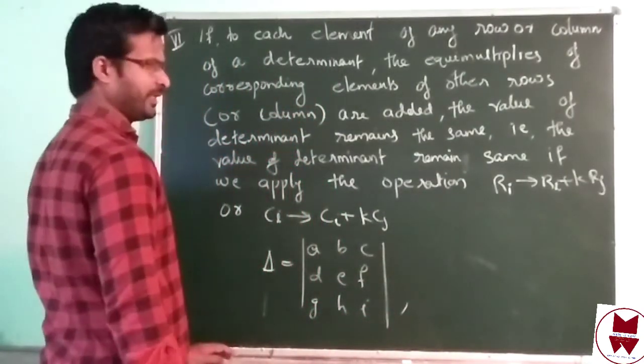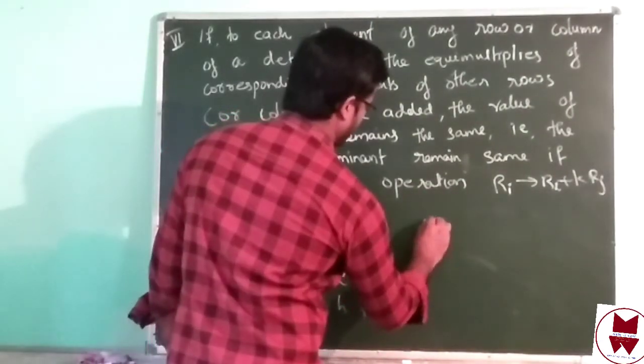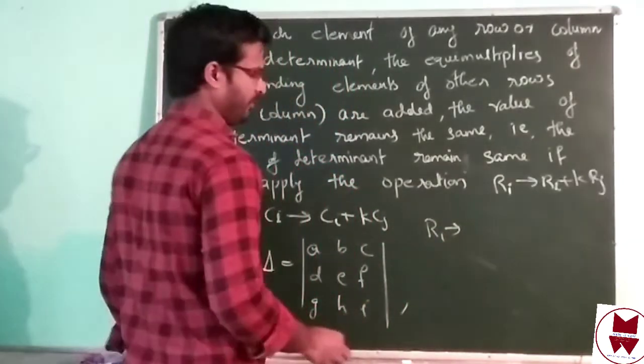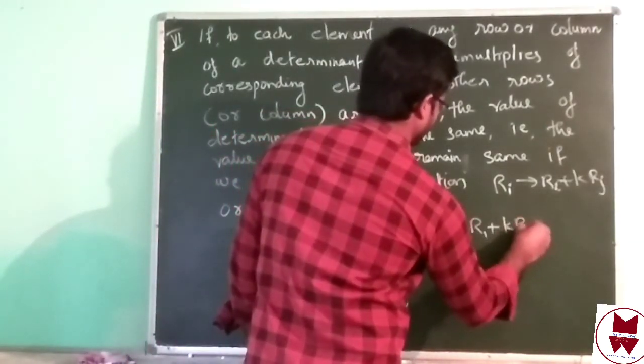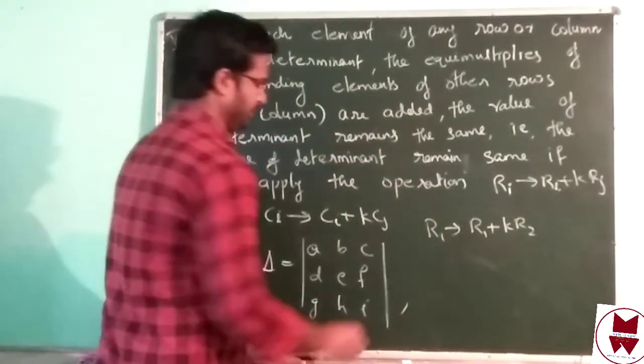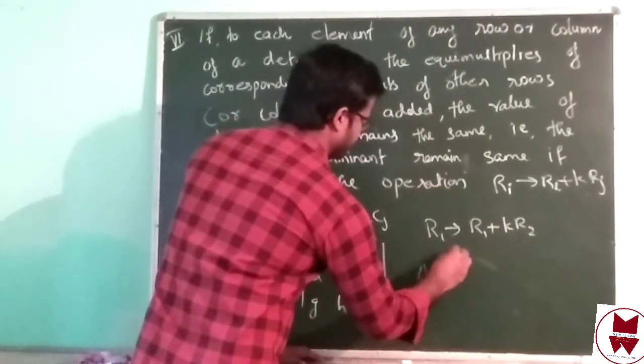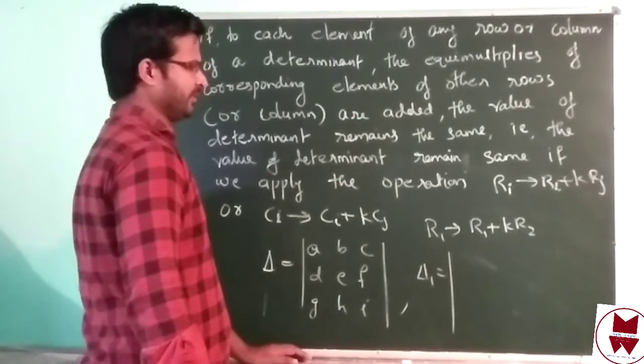This one we can change like R1. I am going to change R1 to R1 plus kR2. Then in Delta 1 we will get R1 plus kR2.